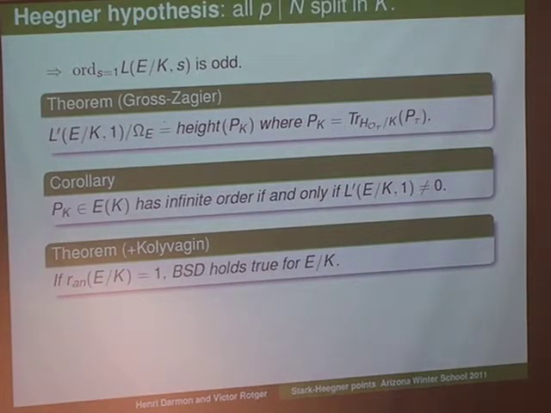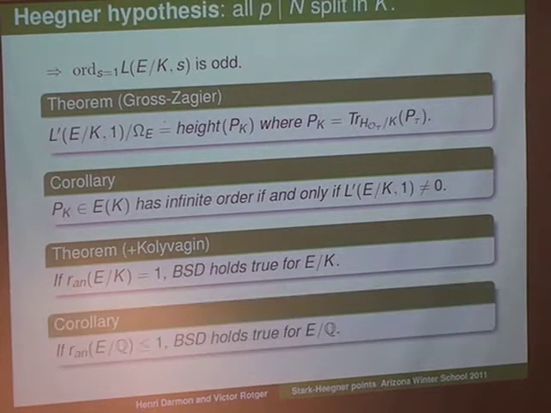So it's funny that it seems easier to prove some parts of the Birch and Swinnerton-Dyer conjecture when you base change to K. Then you can ask what happens when you look at BSD over Q itself.